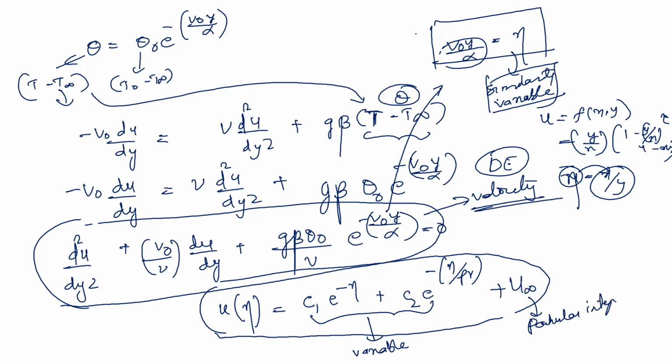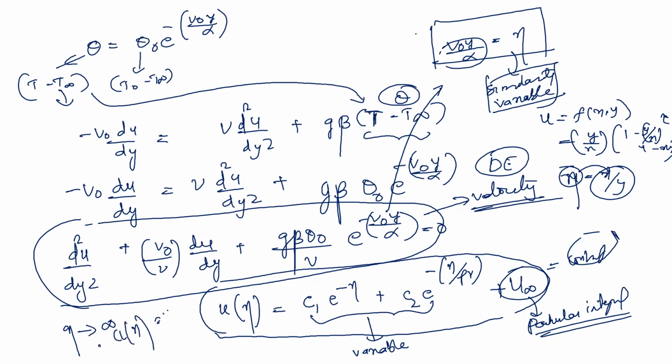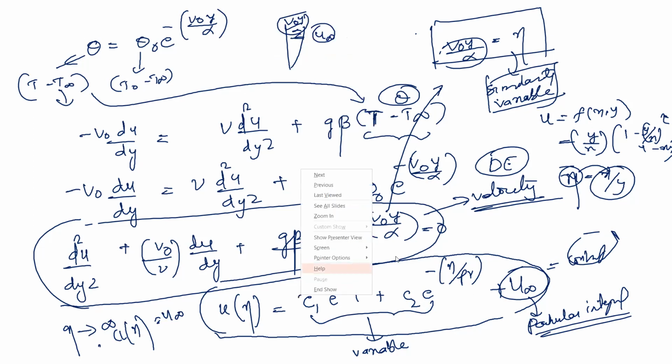If we integrate a differential equation, this is a constant. Okay. So if eta is tending to infinity, u of eta is just u infinity, which means the outside condition. So as soon as it gets inside, then this factor comes in. Okay. So please understand that point.